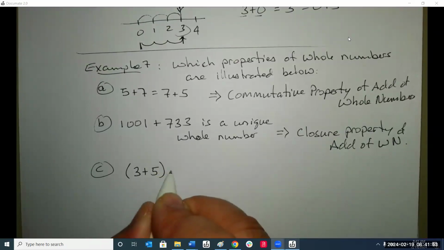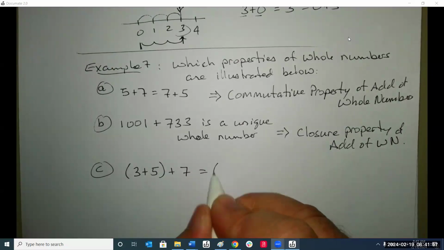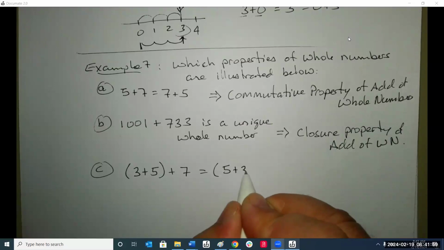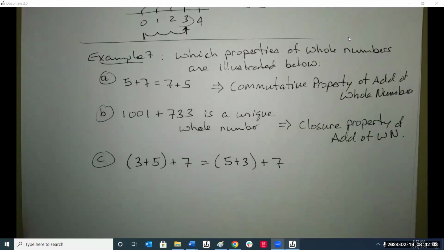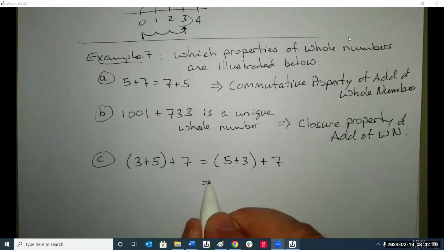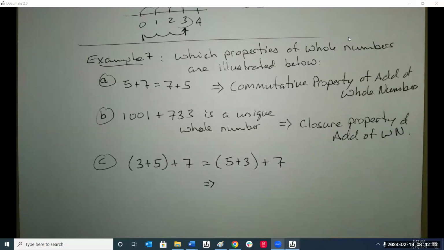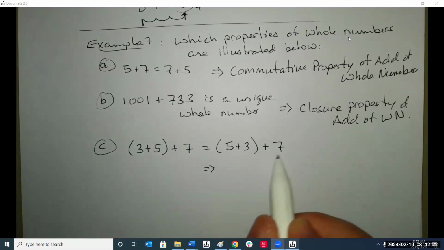Three plus 5 plus 7 equals 5 plus 3 plus 7. Now, the first thing you want to think about is is it the associative property? Not really, because the 7 is never inside parentheses.